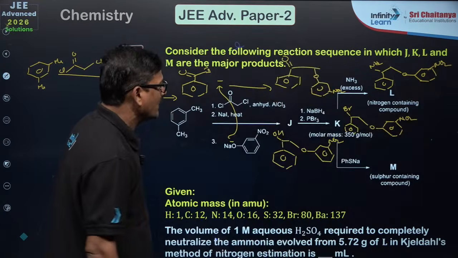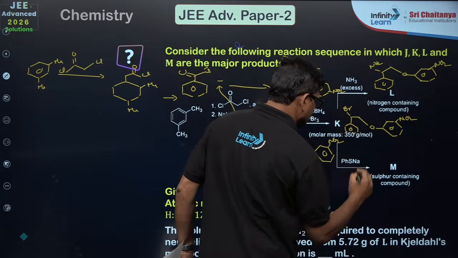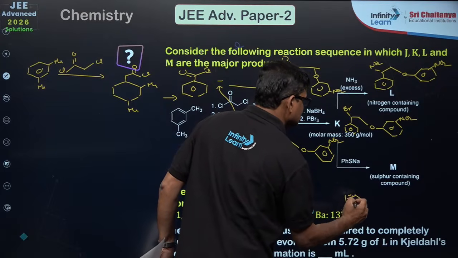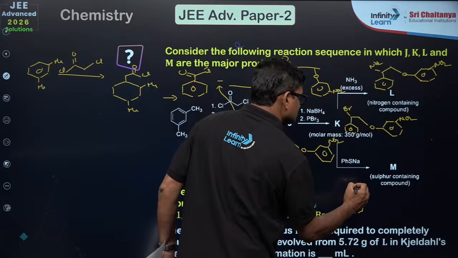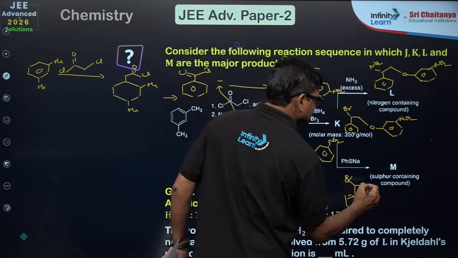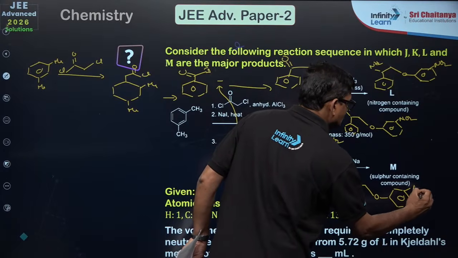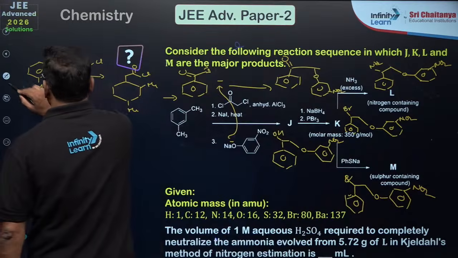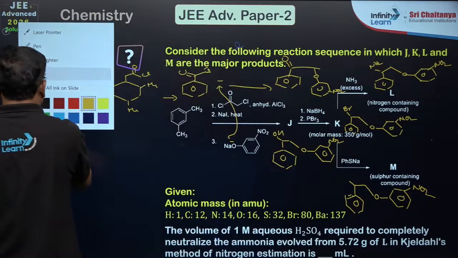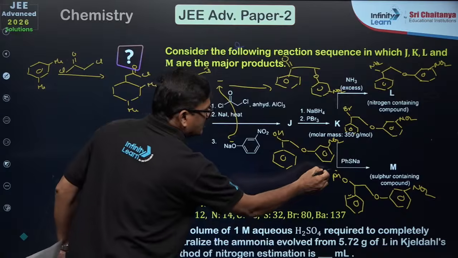And this is treated with PhSNa. NO2. This Br is substituted with SPh. So now you have got everything.